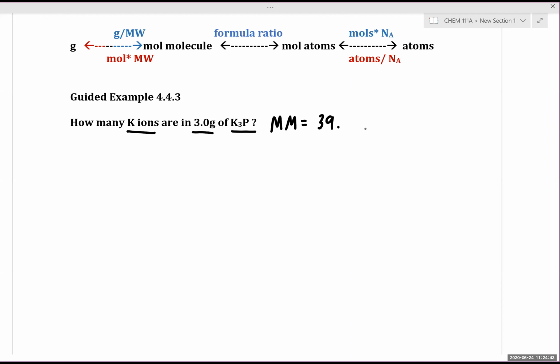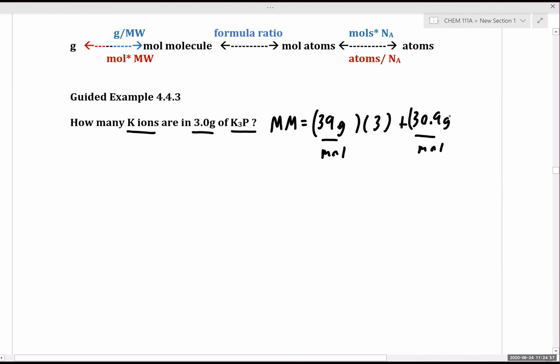Potassium is 39 gram per mole times 3 potassium atoms plus phosphorus, which is 30.9 gram per mole times 1 phosphorus atom. And that in turn gives us a molar mass of 147.9 gram per mole.